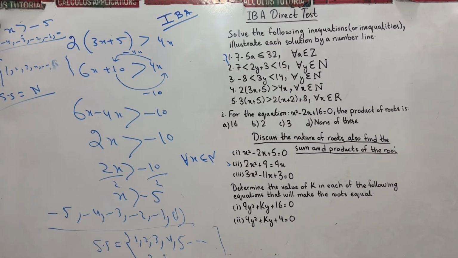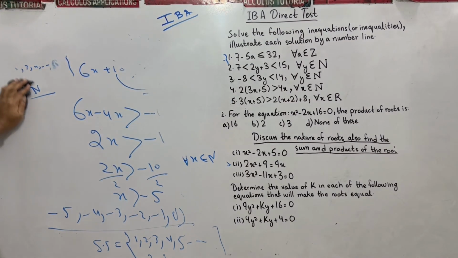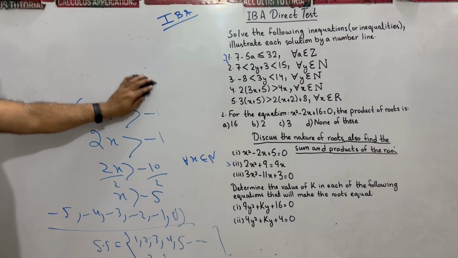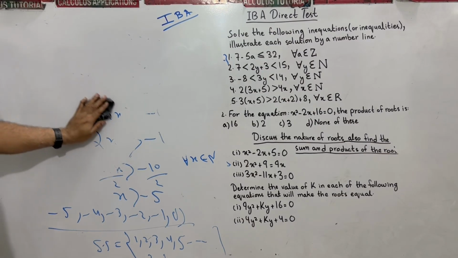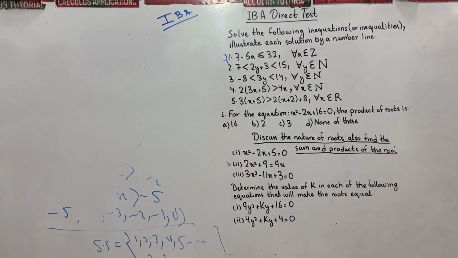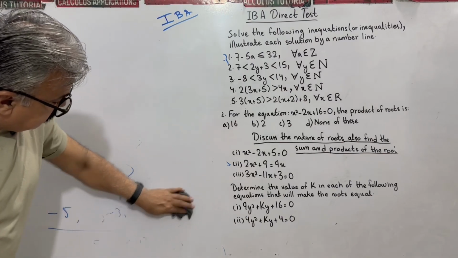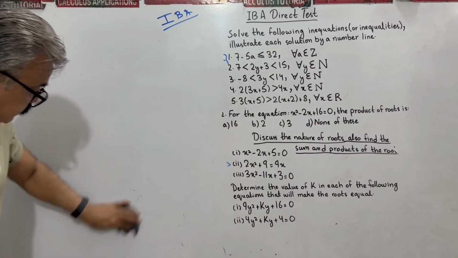Final question, the fifth one, for the inequality section. Here 3 times (x plus 5) is greater than 2 times (x plus 2) plus 8, where x belongs to real numbers. Let's see how to negotiate this question.